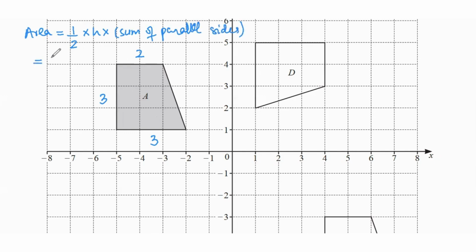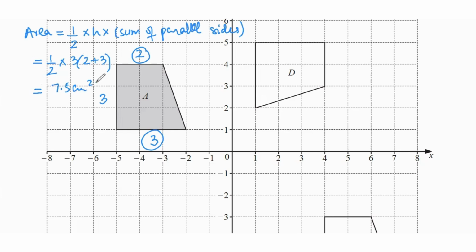So we know over here it's going to be 1 over 2 times 3, which is the height. And these are the parallel sides. So that's 2 plus 3. So that's basically 1 over 2 times 3 times 5, which is equal to 7.5 centimeters square.